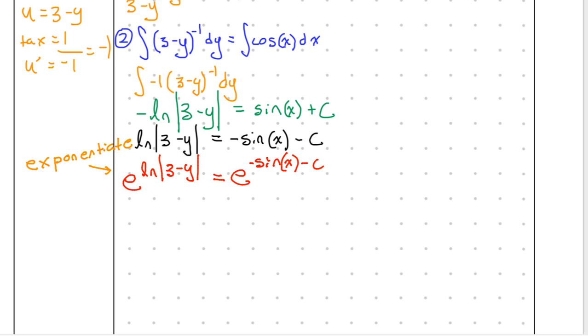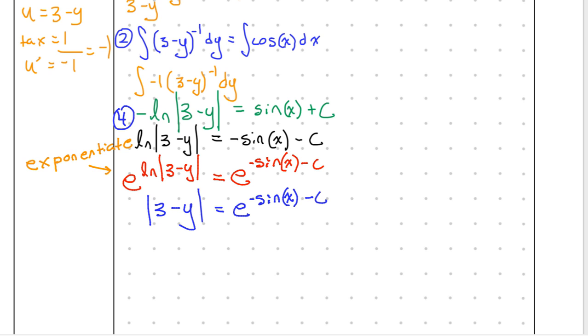And by doing that, the e and natural log cancel out, and I'm just left with absolute value of 3 minus y. So technically, right now we are doing step 4. So absolute value of 3 minus y is equal to e to the power of negative sine of x minus c.